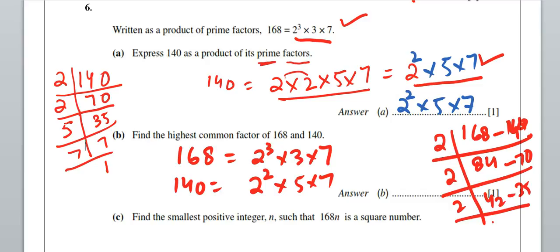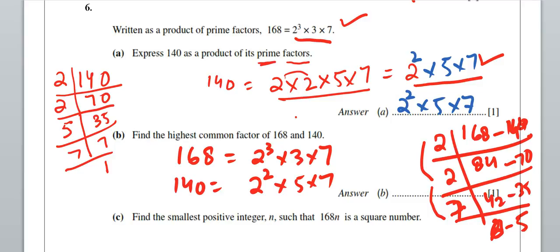Oh sorry, in the table of 35 we don't have any number, so we use 7 here instead. 7 6s are 42, 7 5s are 35, and for 6 and 5, there is not any table in which both numbers will lie, so we will say 2 to the 4, 4 7s are 28. 28 will be our highest common factor of both numbers 168 and 140.